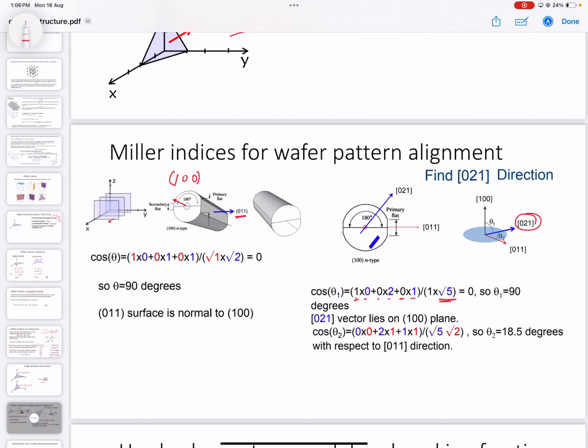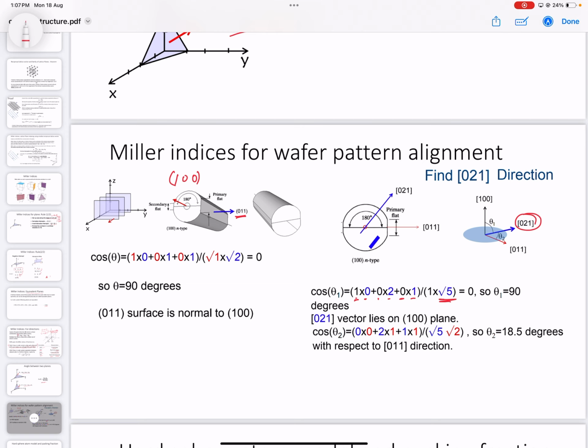Okay. And for another angle, I can find the angle of this direction. Let us say I'm talking about the direction called 0 2 1. In the slide, I have used a different color, so you will know which color it is. I'm just doing it for the sake of simplicity here.